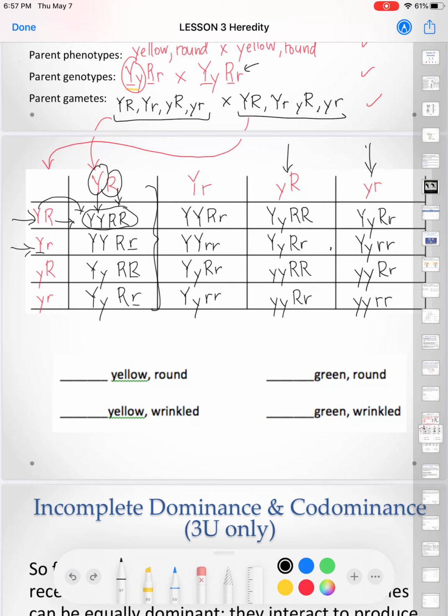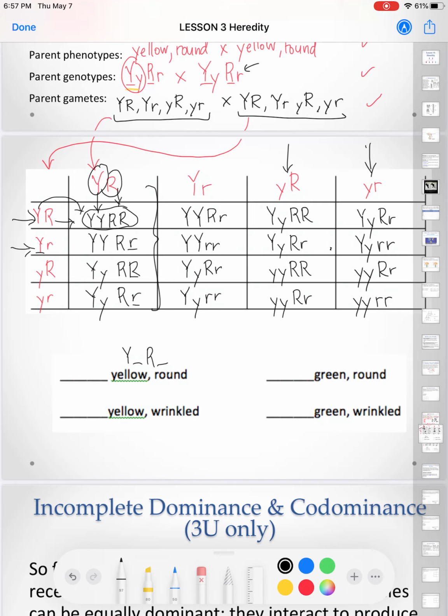Okay, so to be yellow, that's dominant. You have to have at least one dominant Y, and the second allele in the pair doesn't matter. It can be dominant or recessive. And to be round, you have to have at least one dominant R, one uppercase R, and the second one, it doesn't matter.